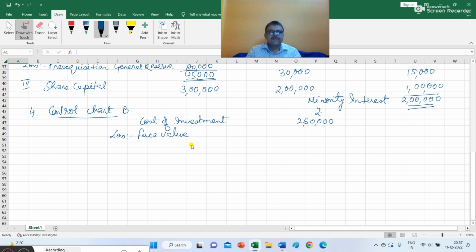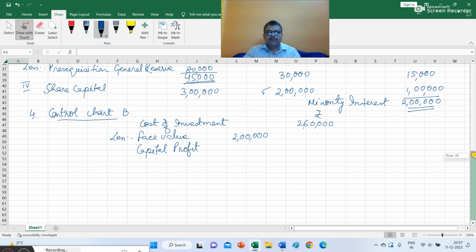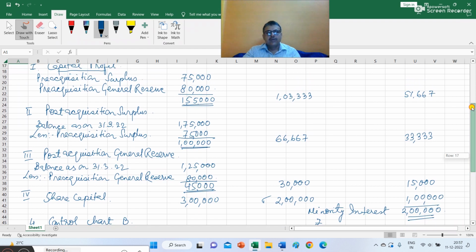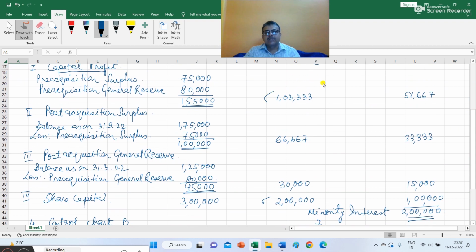less face value. So what is the face value of the investment? 2 lakh. You will get this figure from control chart A, the share of Imperial Company Limited in the share capital of Colonial Company Limited. So this is 2 lakh. And what is the amount of capital profit? So balance of capital profit or the share of capital profit is 1,03,333.